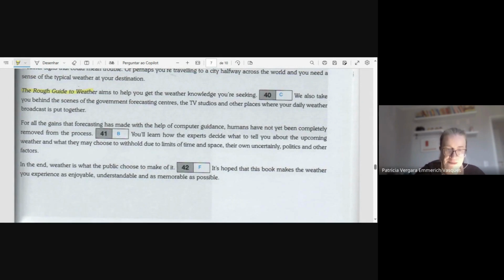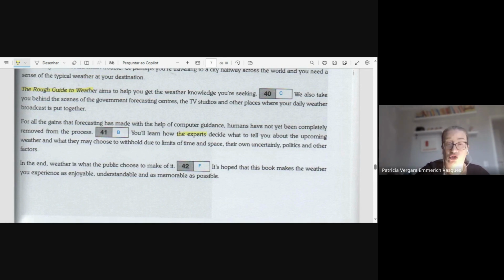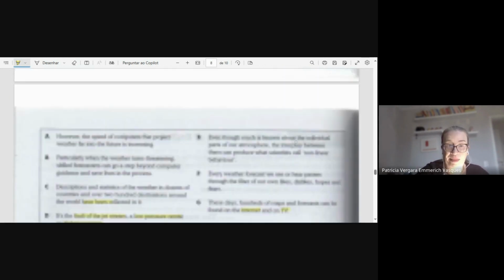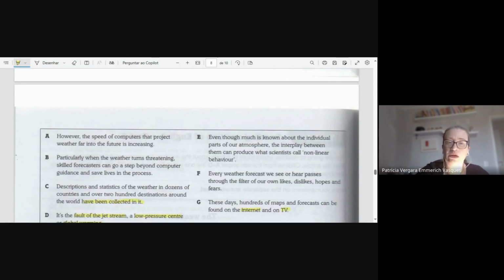41, we have for all the gains that forecasting has made with the help of computer guidance, humans have not yet been completely removed from the process. Then you say, you will learn how the experts decide what to tell you. So let's go 41B, because particularly when the weather turns threatening, skilled forecasters can go a step beyond computer guidance and save lives in the process.